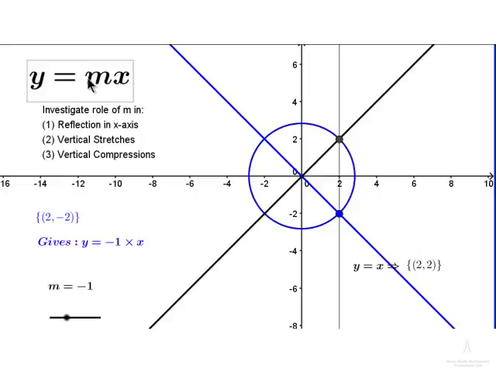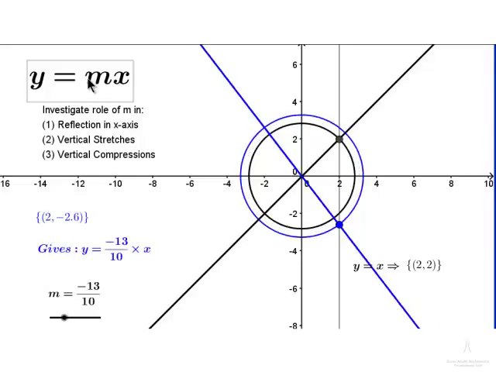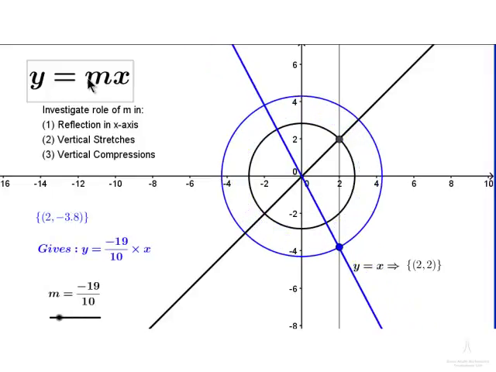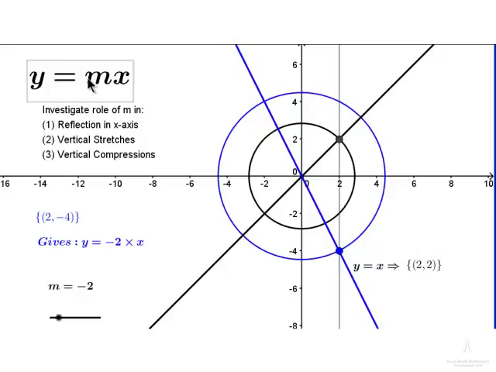Now, if I proceed and let's say we make it easy, -2. What's happening here? Remember, -2 is -1 times 2. And we already know that the effect of the minus will firstly be a reflection. So the point 2, 2 will go to 2, -2.